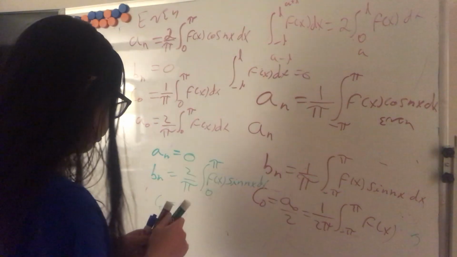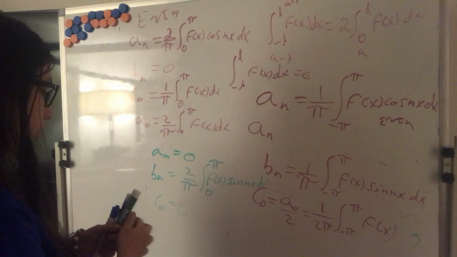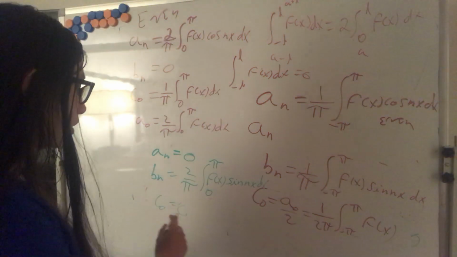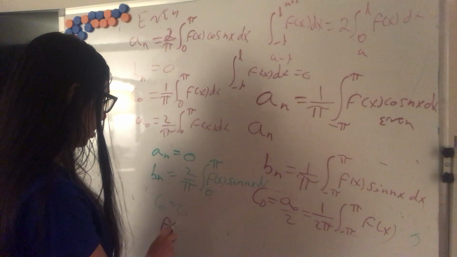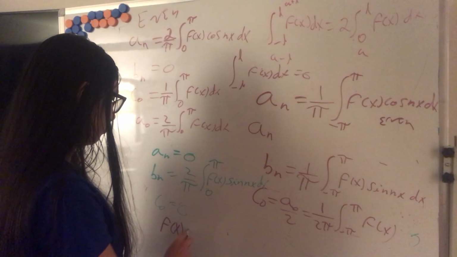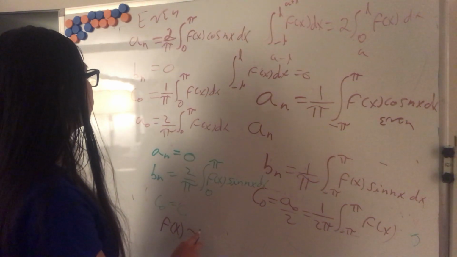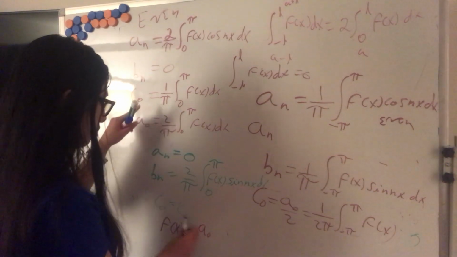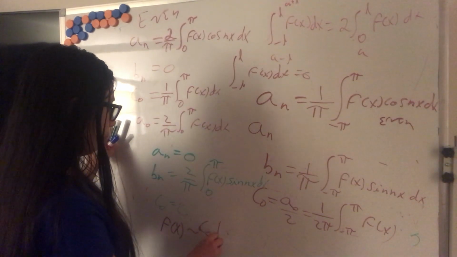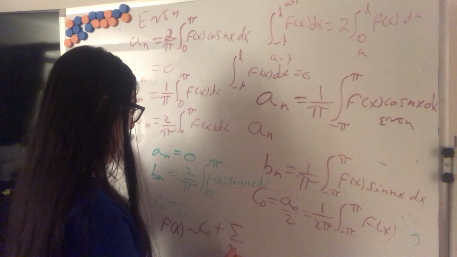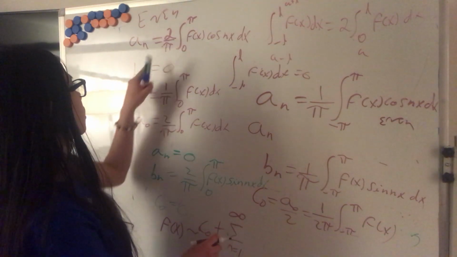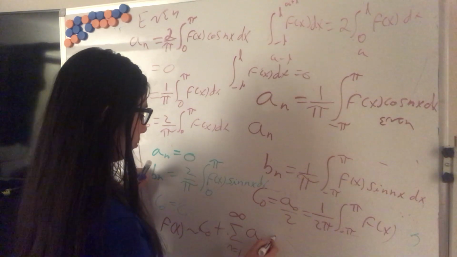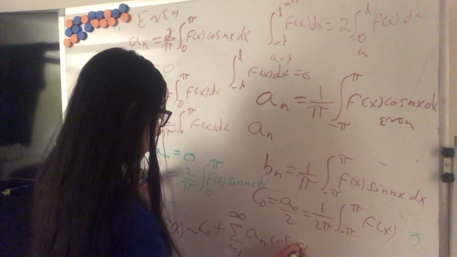So for an even function, on the Fourier series, f of x could be approximately equal to c sub 0 plus the summation from n equals 1 to infinity of the coefficients a sub n times cosine nx.